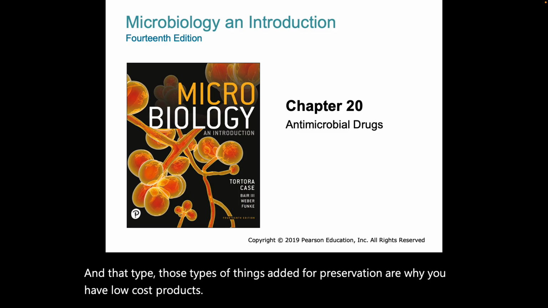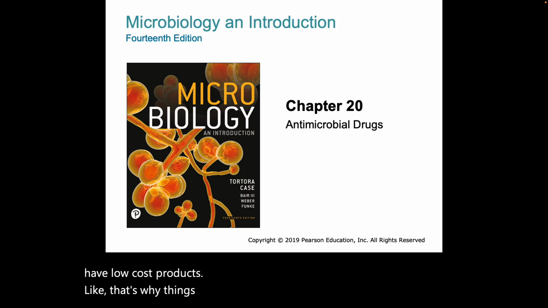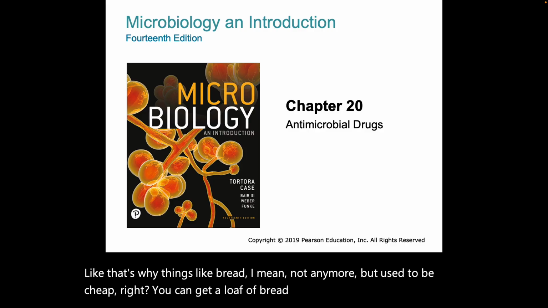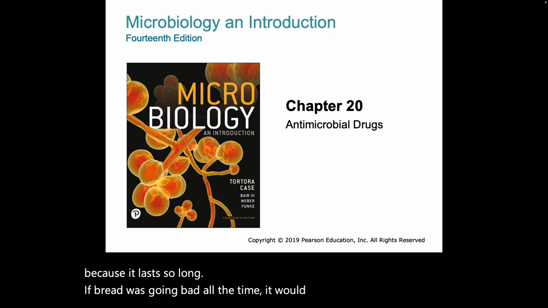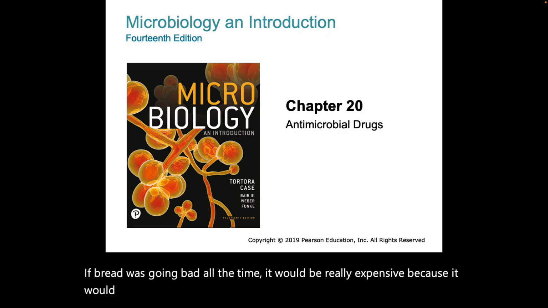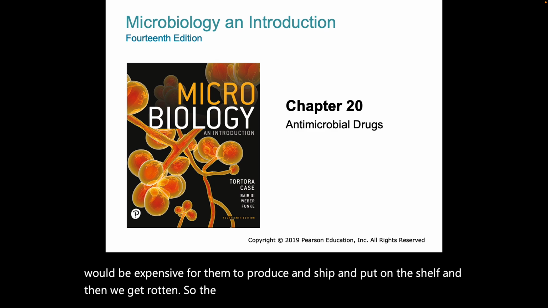Like, that's why things like bread, well, not anymore, but it used to be cheap, right? You can get a loaf of bread at Walmart for like $1 because it lasts so long. If bread was going bad all the time, it would be really expensive because it would be expensive for them to produce and ship and put on the shelf, and then it would get rotten. So the prices would go up the less freshness, I guess, right?